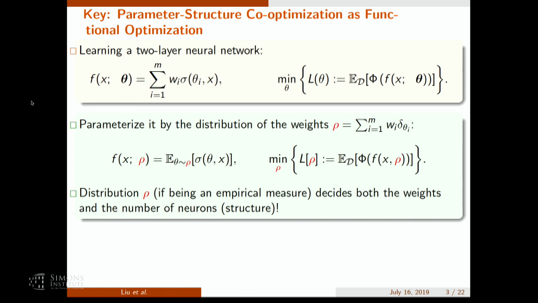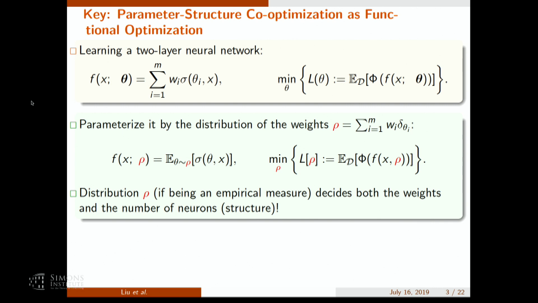More specifically, here's a simple example where we have a two-layer neural network. Theta i are the weights of the neurons, right? Typically we formulate this optimization problem with capital Phi as some loss function, and E as the expectation over the distribution of the data. Then, because the neurons are permutable, we can equivalently parameterize the neural network using the distribution of the neurons.